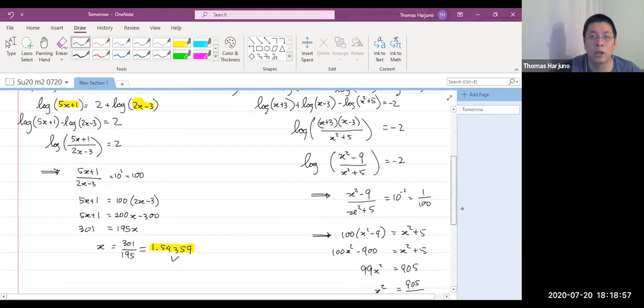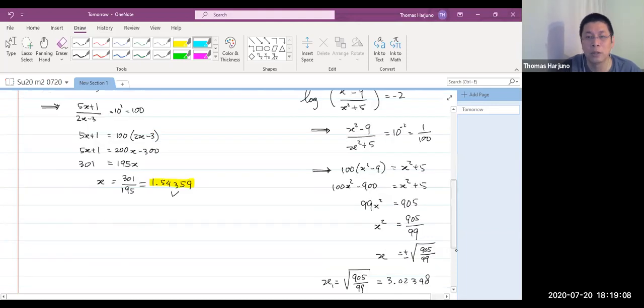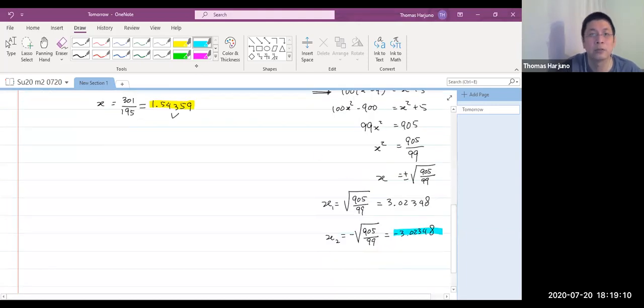We have a problem here. When you plug that negative number into the original question, it will not be okay. Okay, so cross it out and underline the one that is the solution. Okay, that's for number 22.